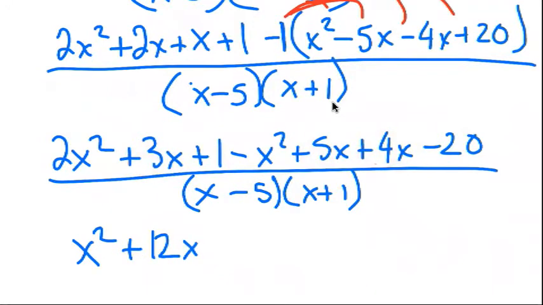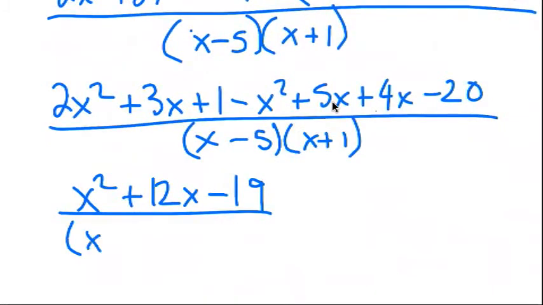And then plus 1 minus 20, minus 19, all over x minus 5, x plus 1.